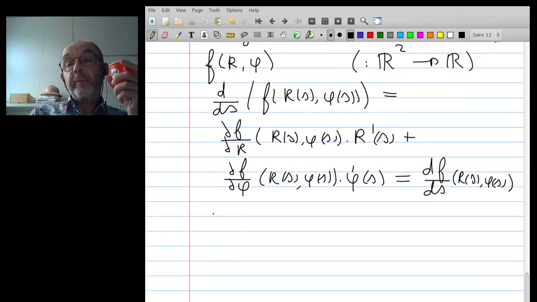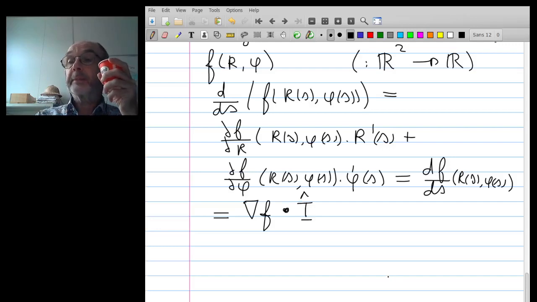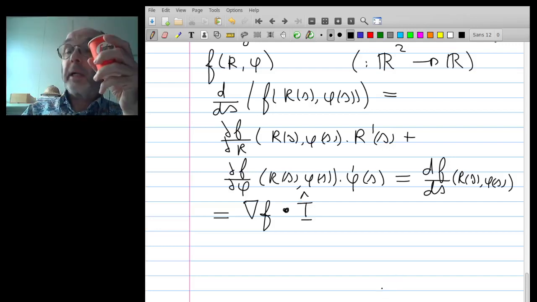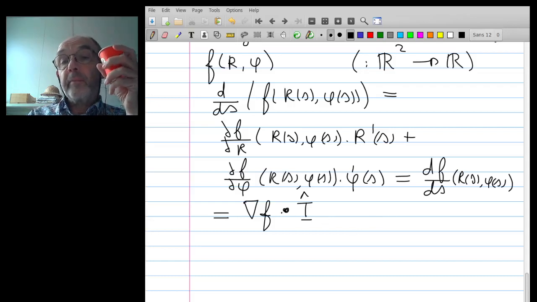But this one is the same as the gradient of f inner product with the unit tangent vector. And how will that look?